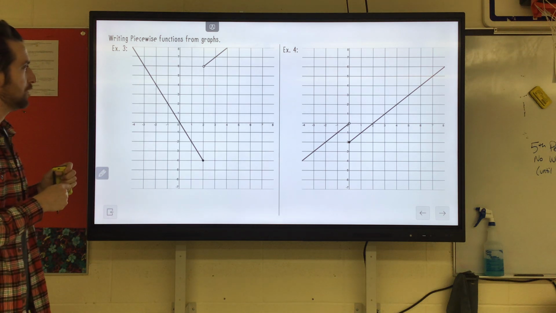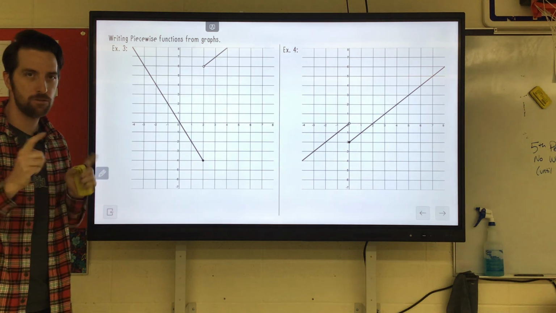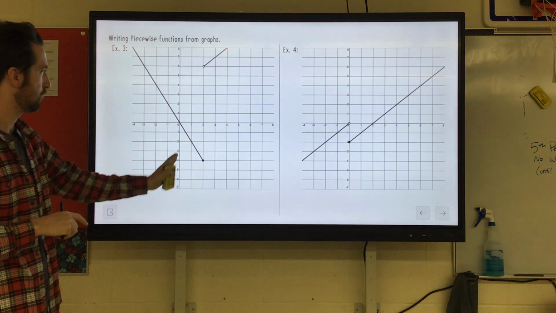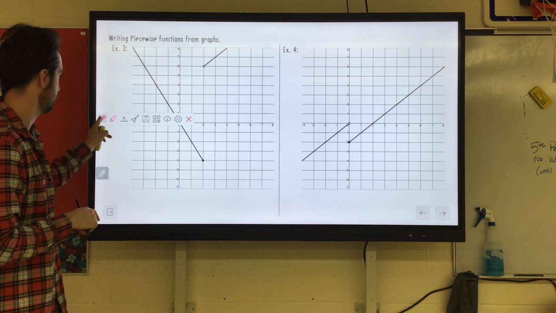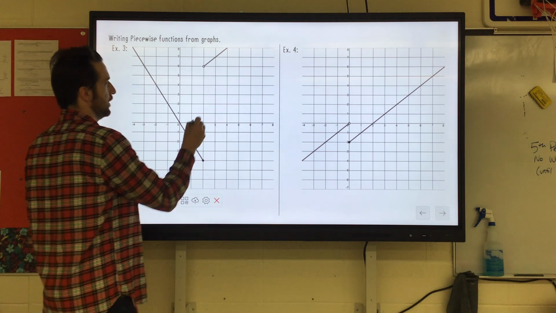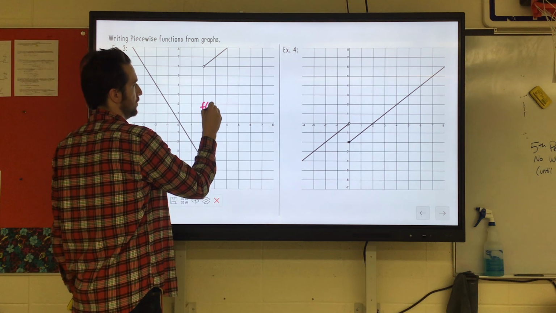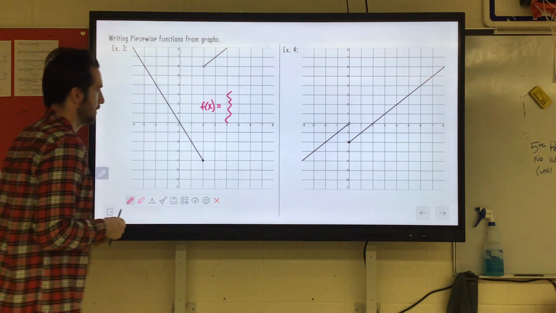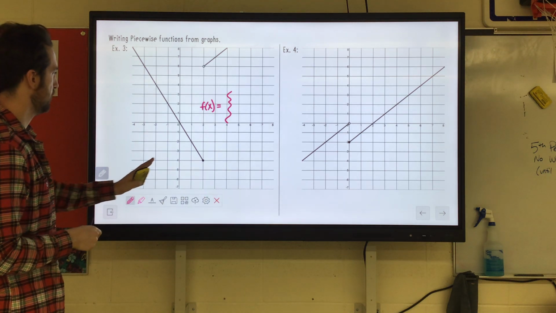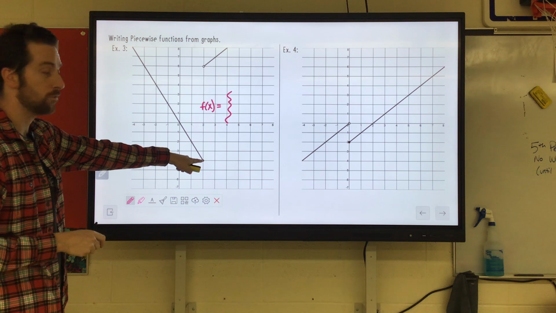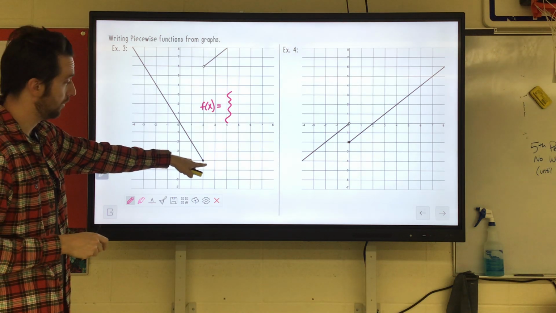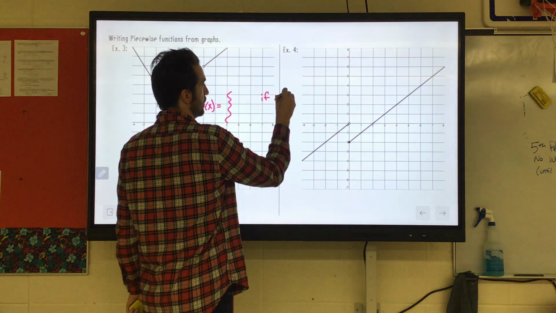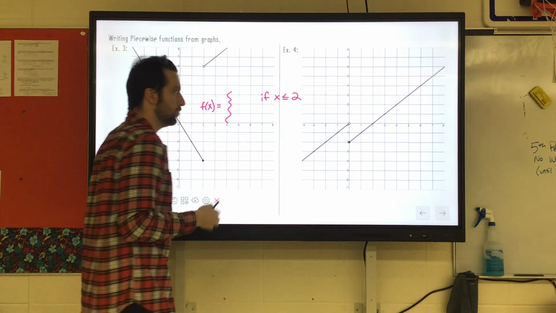Ooh, writing a piecewise function. We're going to write 2 of these, and then you're going to try one. So I notice here that there's a break at 2. So we'll say f of x equals, we got our squiggles. We got 2 lines here. So if we look when it's less than or equal to 2, because it's got a solid dot there, so we'll say if x is less than or equal to 2, what would the equation be?